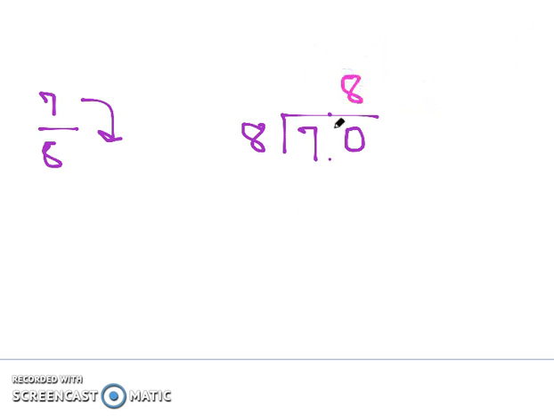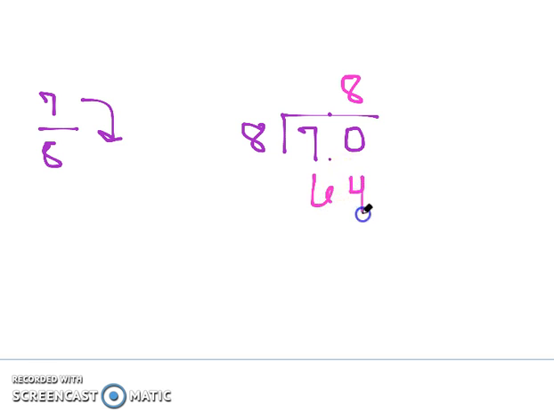Finally, 7/8. 7 divided by 8 using long division. 8 can't go into 7 evenly, but it can go into 70 8 times. 8 times 8 is 64.